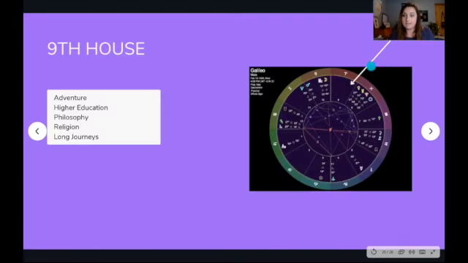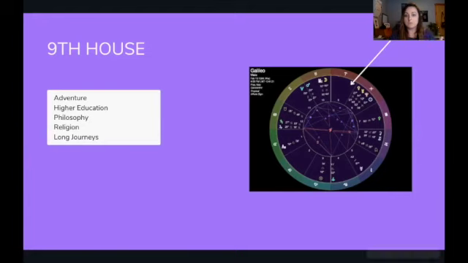From the eighth house, when we've been reborn and transformed, we enter the ninth house, which is the house of adventure, higher education, philosophy, religion, and long journeys. The ninth house can represent our quests, our long goals. And what is our relationship to philosophy?